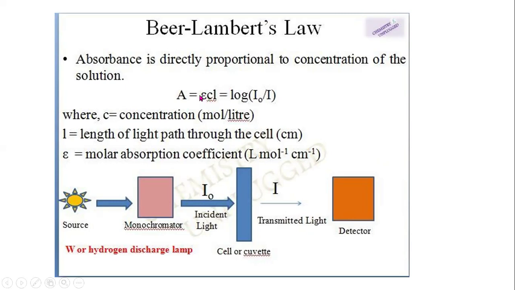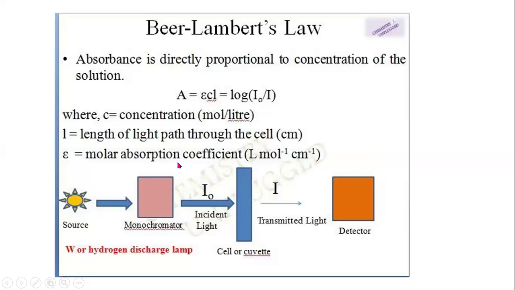Each substance or solution has its own molar extinction coefficient, and absorbance is also equivalent to log I naught over I, where C is the concentration in molar, which is mole per liter, L is the path length of light through the cell, which is a 1 centimeter cell, and the molar absorption coefficient is in liter per mole per centimeter, or per molar per centimeter.